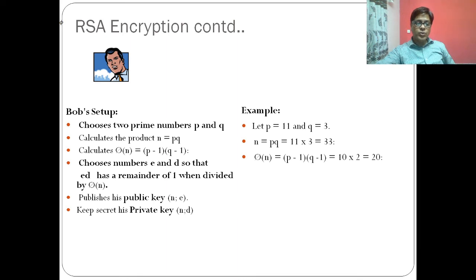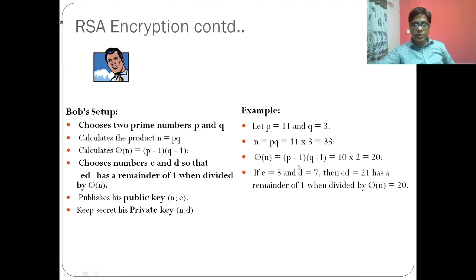Now he has to choose the numbers E and D. Under modulo 20, the numbers E and D should be inverses of each other. So let's take E as 3 and D as 7. This is one such pair. There are many possibilities under phi n for the choice of E and D. Now E times D is 21, modulo 20 is 1.